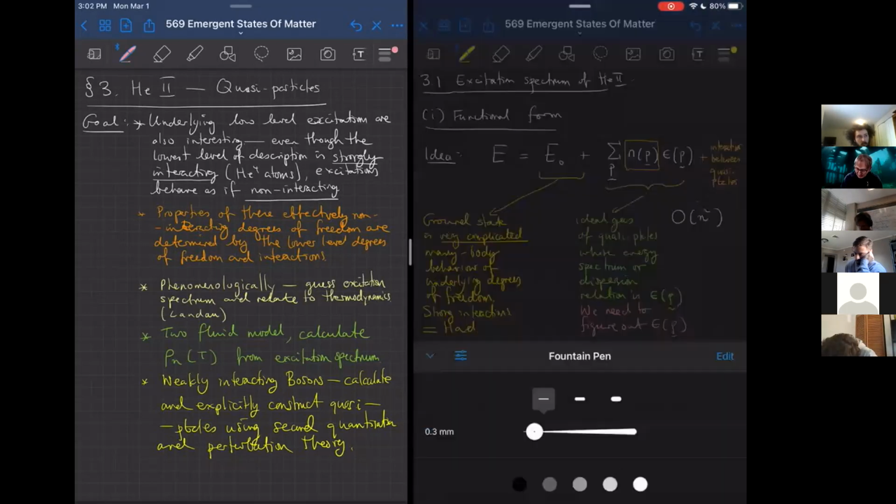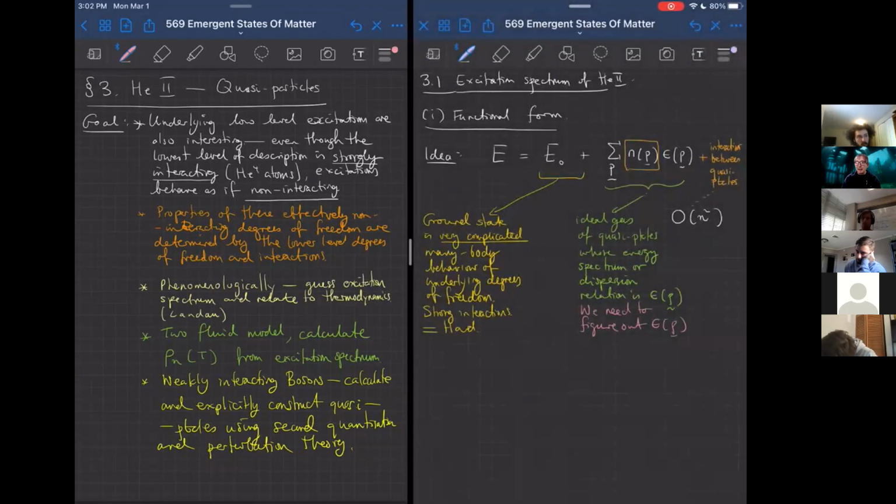But our hope is that by just focusing on the difference between the actual energy and the energy of the complicated many-body ground state, then we get something simple. So the idea is that these things are weakly interacting. And so that means that the physics of these is easy. And instead of asking what is going on for the whole system, we're just going to focus on the energy minus the thing that we can't compute, the actual ground state.